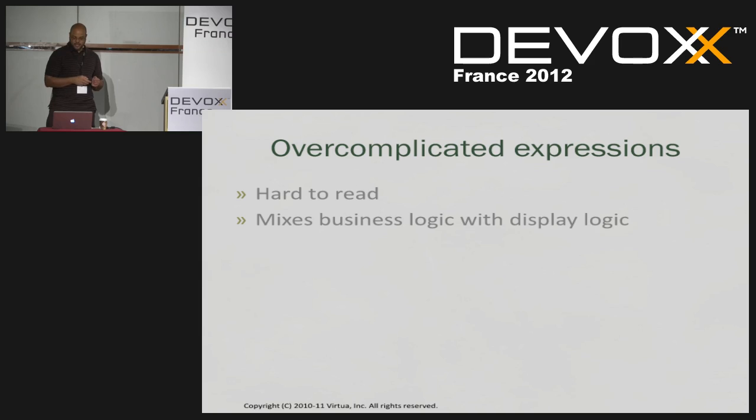There's a few reasons you want to do that. Number one is that they're hard to read, right? Expression language is really great for simple expressions. But if you find that it's like 2 lines, it's probably too long. And so it's hard to read. And usually, if it's that long, you're basically mixing business logic with display logic.